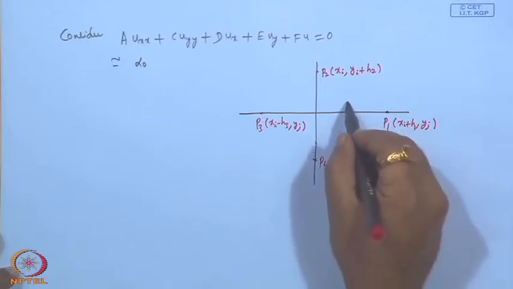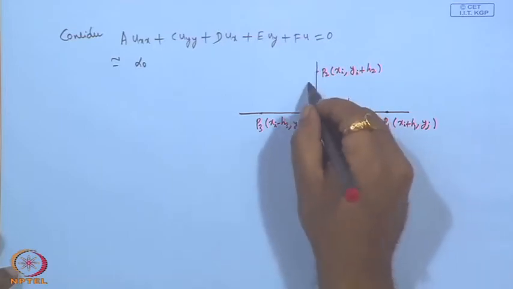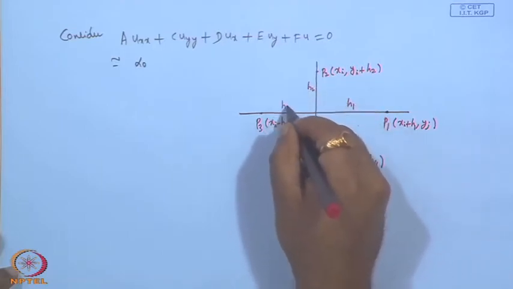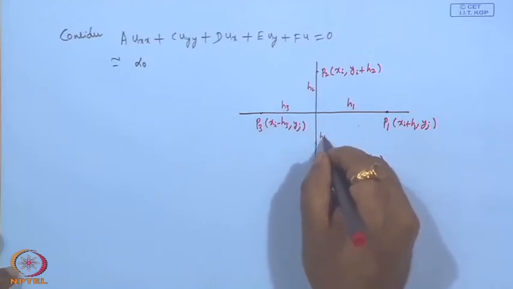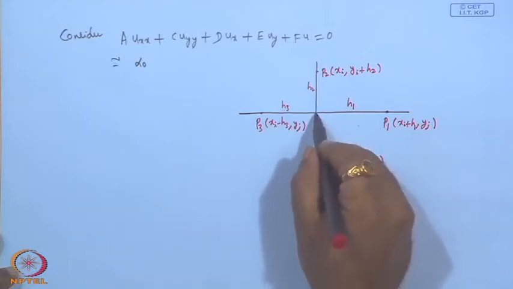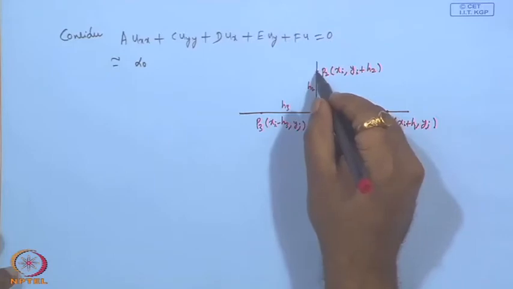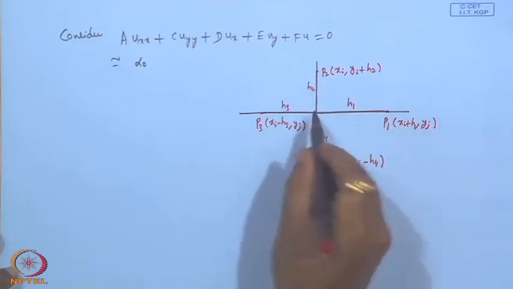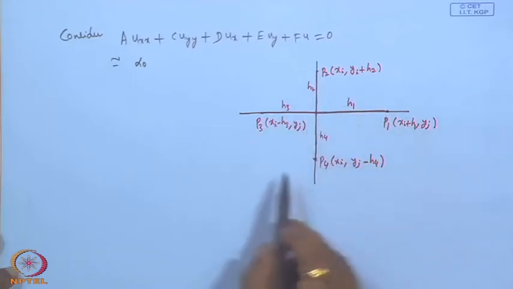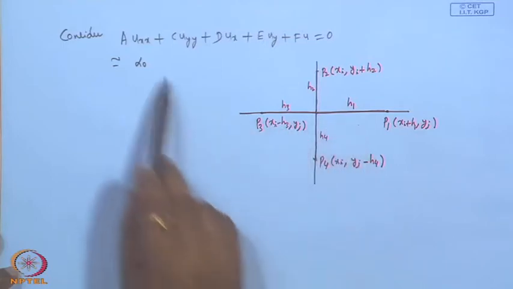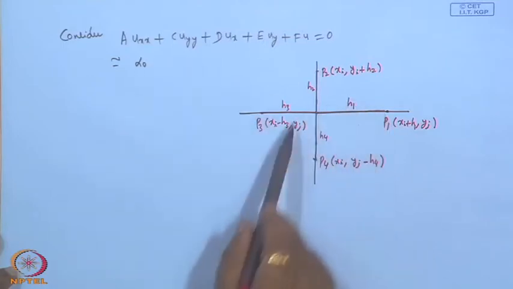So, this is H 1, H 2, H 3, H 4, when I say these lengths. Okay. So, now we want to discretize this equation at these grid points.